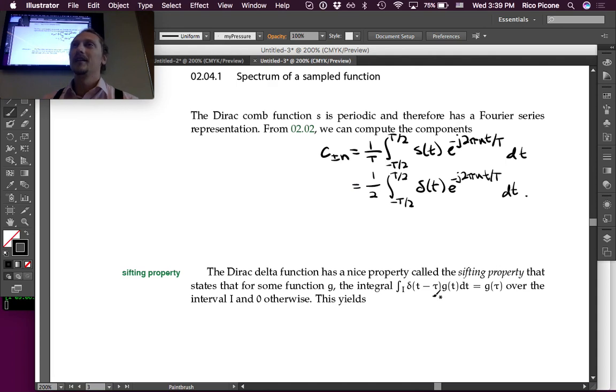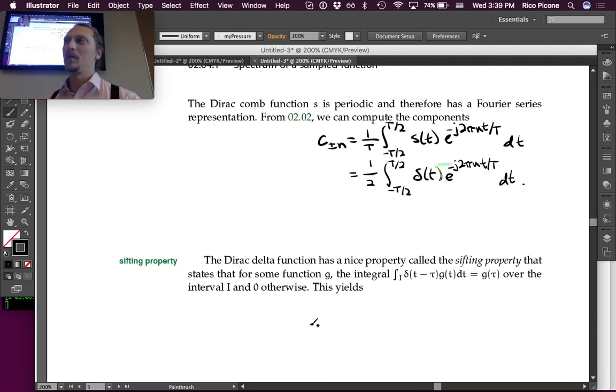So that time shift, you just evaluate that function g at that time shift value, and that's the value of the integral over the interval I, and technically it's 0 otherwise. And that's the part we're going to gloss. I'm going to give you like a hand-wavy argument for why we don't have to worry about that.